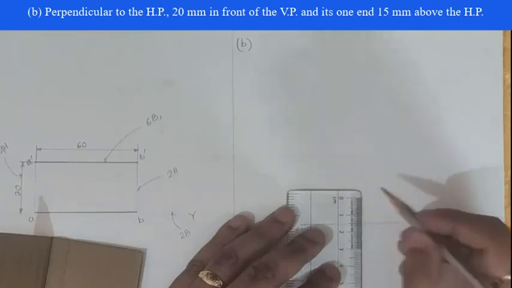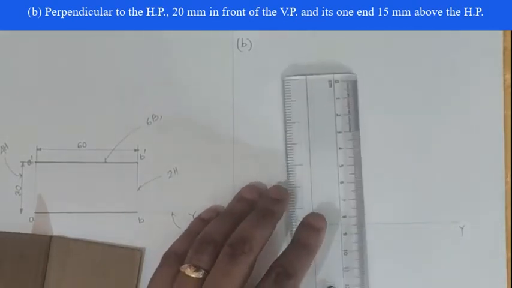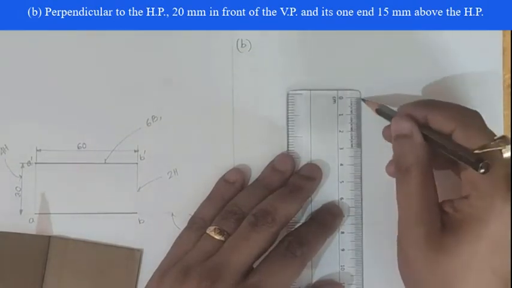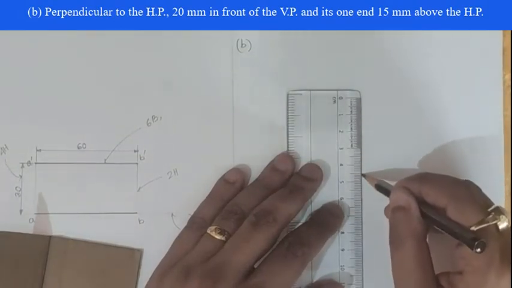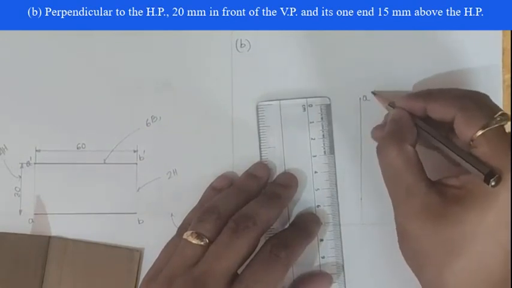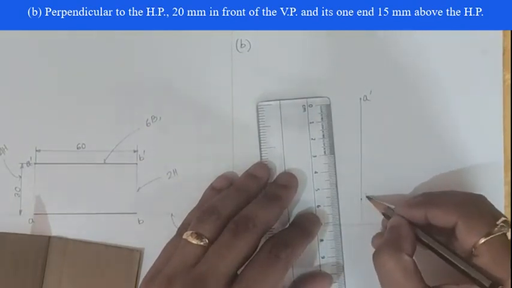This is our 15 mm, and then the total length of the line is given to be 60. So let us draw this 60. This is our point A dash. This is our point B dash.